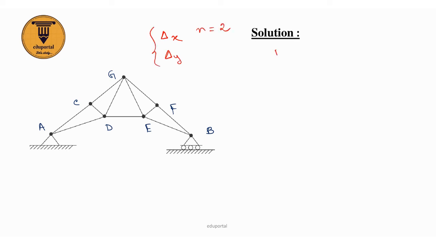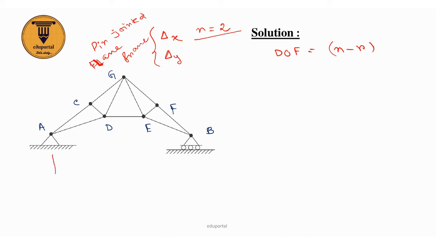Okay, so degrees of freedom DOF is equal to n minus r. N is equal to total independent displacement components, that is 2 for a pin jointed plane frame. And r is the number of external reactions.